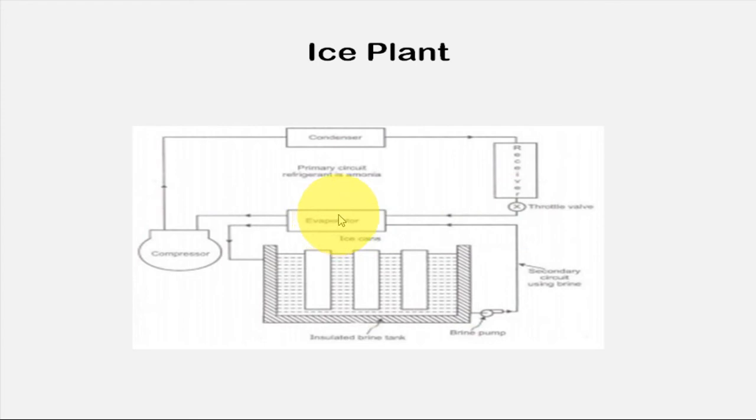That primary refrigerant will absorb the heat from the brine solution. So the primary refrigerant gets vaporized and is sent again to the condenser, and this brine solution gets cool.